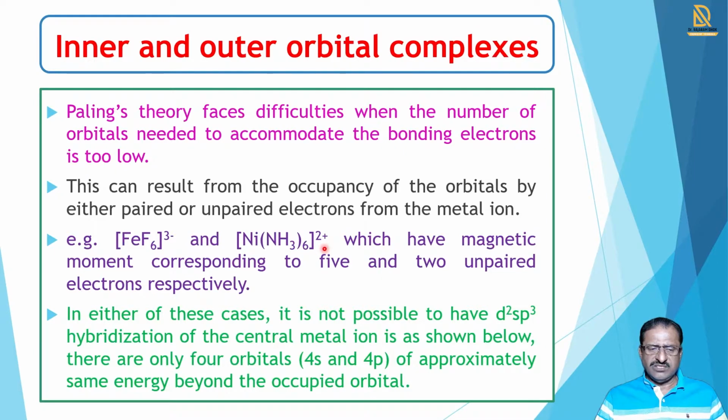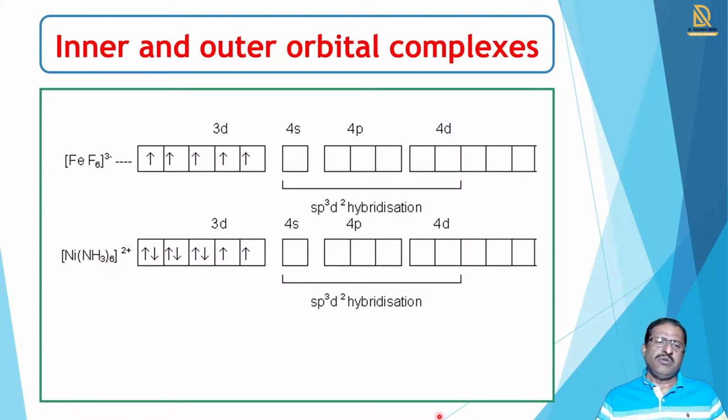In that case, sp3d2 hybridization is used. How is that sp3d2 hybridization used and why? From this, we can explain what inner and outer orbital complexes are.